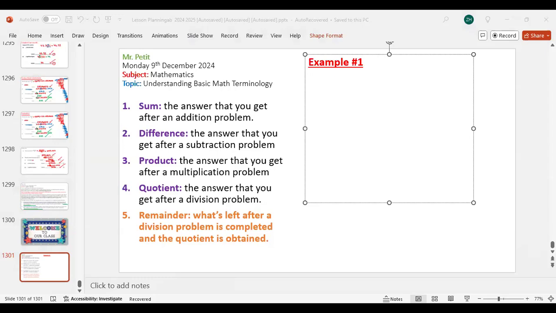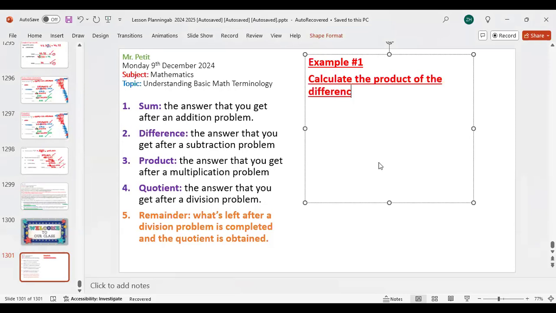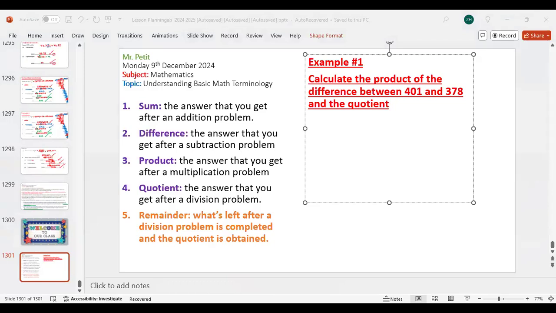Okay. So let's do this example. This example says: calculate the product of the difference between 401 and 378 and the quotient of 51 and 17.